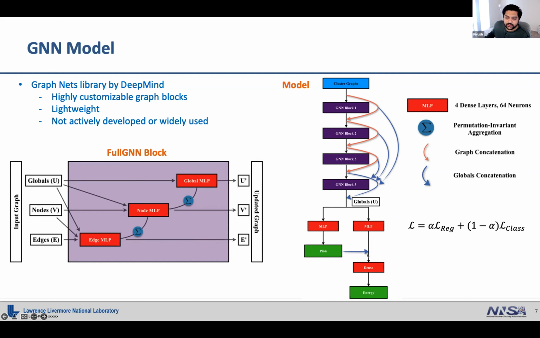To balance the output of the loss of the model, we have this alpha value which balances between the regression loss and the classification loss, and uses a combination of them to learn from. We used small subsets of data and ran sweeps through a few different hyperparameter combinations to get the quote unquote best value for alpha, the number of layers in the MLP, the number of neurons in the MLP, the number of GNN blocks that should go in the model, and so on.